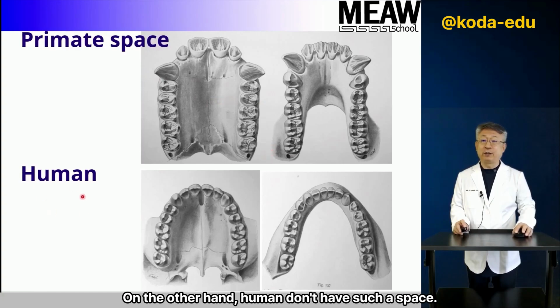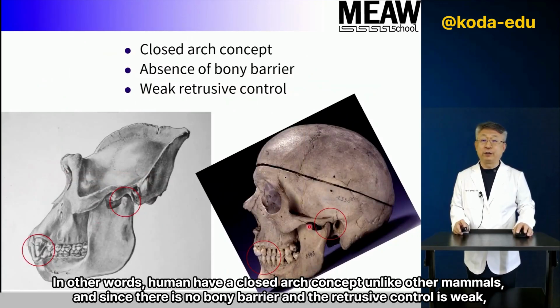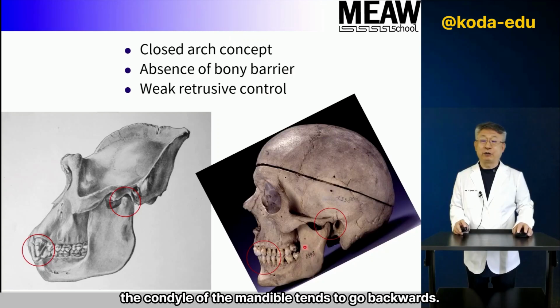On the other hand, humans don't have such a space. Also in humans, the arch itself is in a closed arch state rather than protruding forward. In other words, humans have a closed arch concept unlike other mammals.